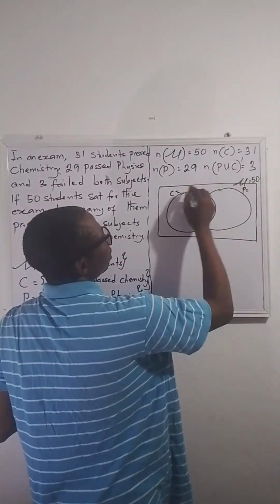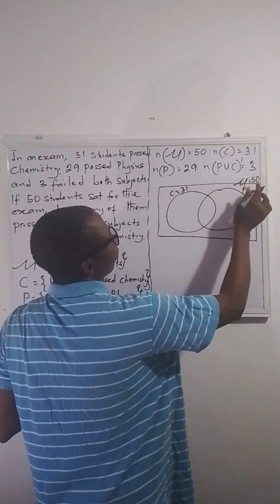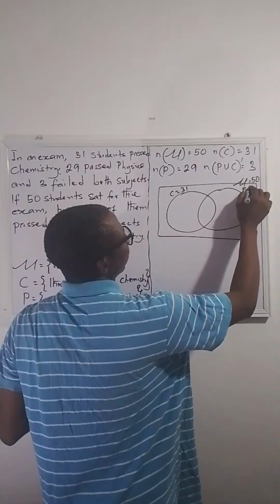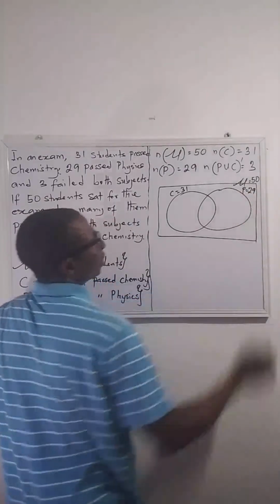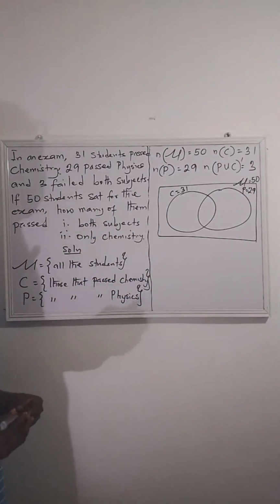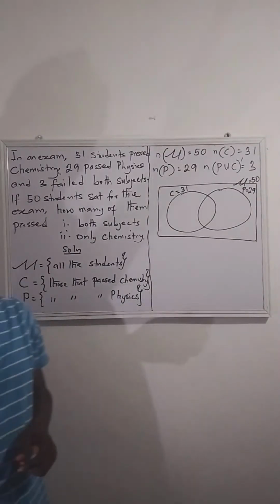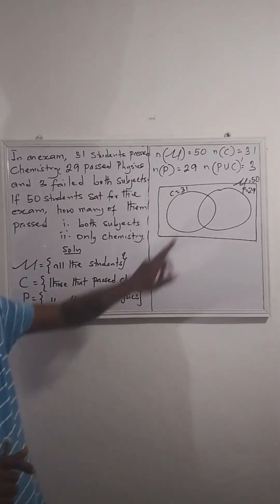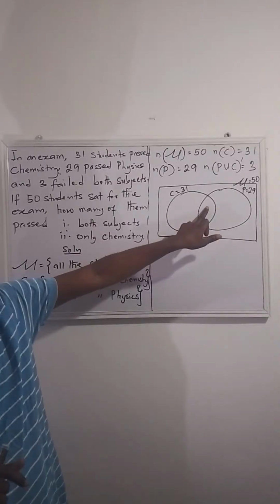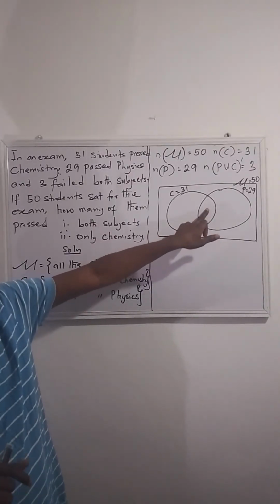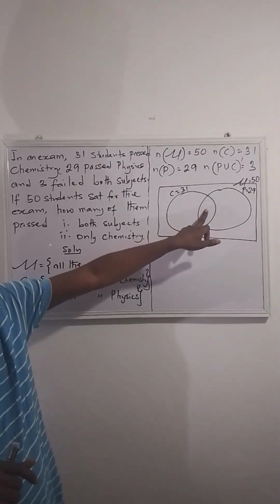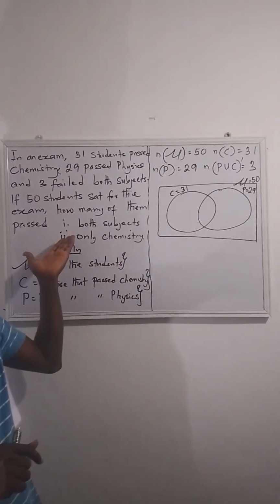Chemistry is 31. Physics is 29. Okay? Now, I told you the last time that you will enter the one here first, at the middle. But it's unfortunate we are not given it.